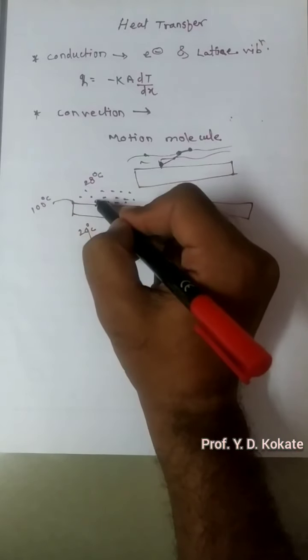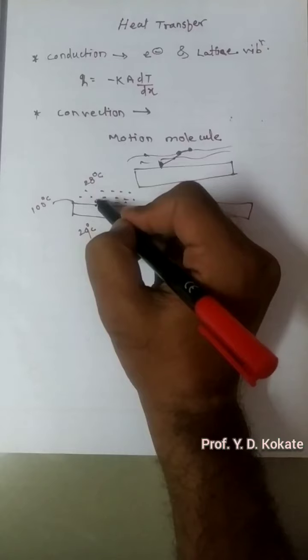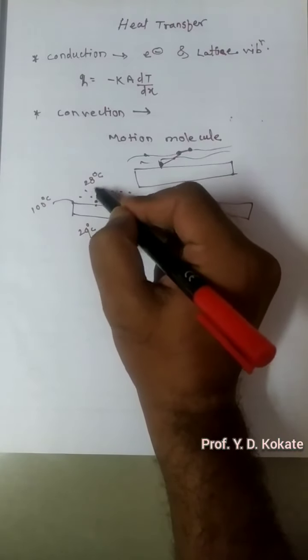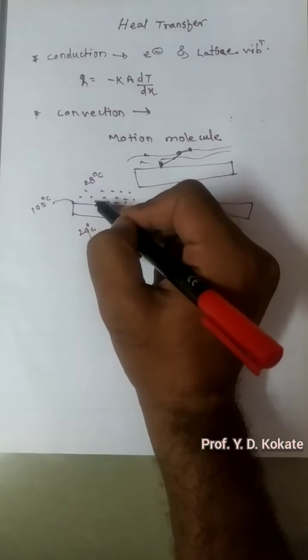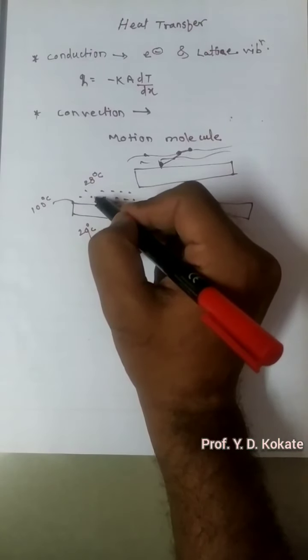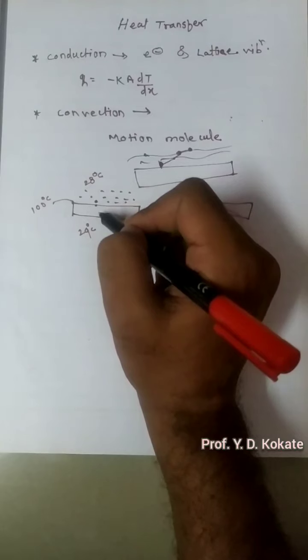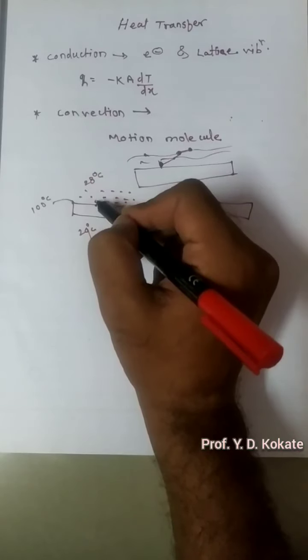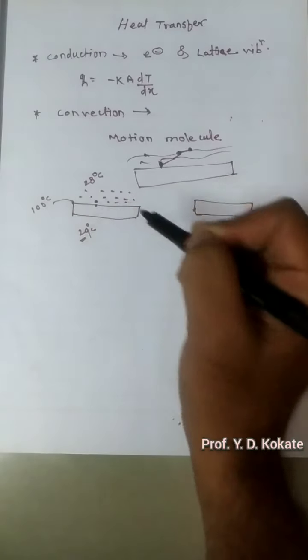But the weight of that molecule is so high, due to the density difference it does not get lifted up. That means it will not move from this position upward. But the fact is that this 28 degrees Celsius molecule has now become 29.